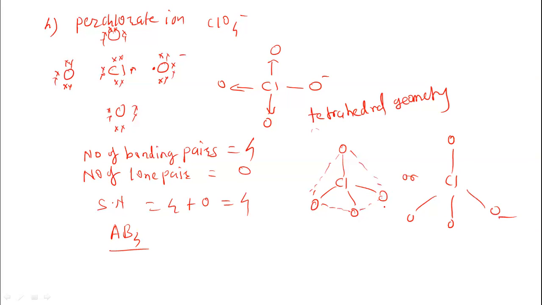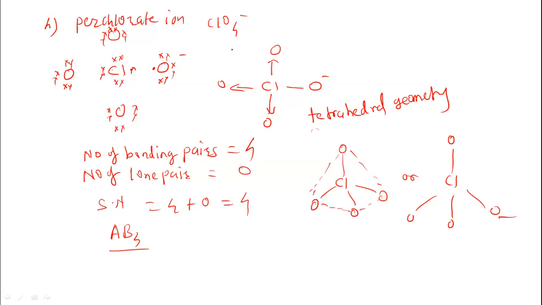So thus on the basis of VSEPR theory, we can explain the structures of oxo anions of the oxyacids of the chlorine. For oxo anions we have taken, first hypochlorite, second chlorite, third chlorate, and fourth perchlorate ion.